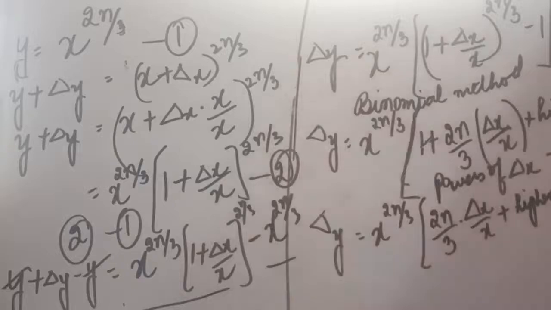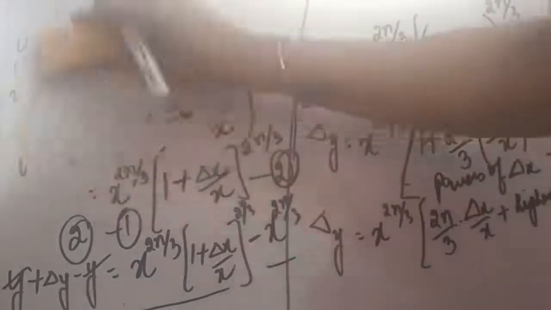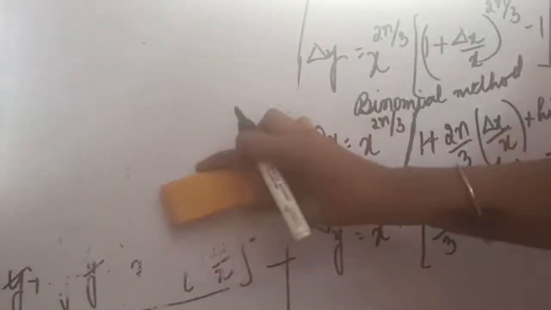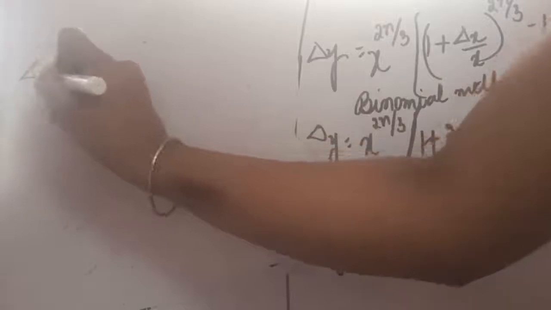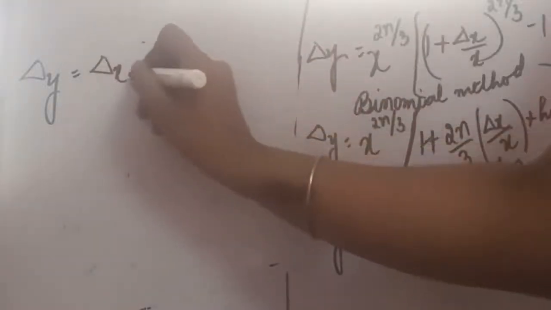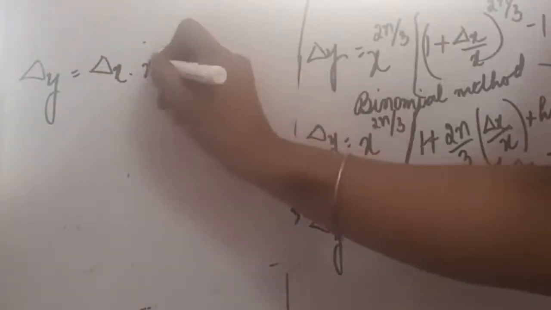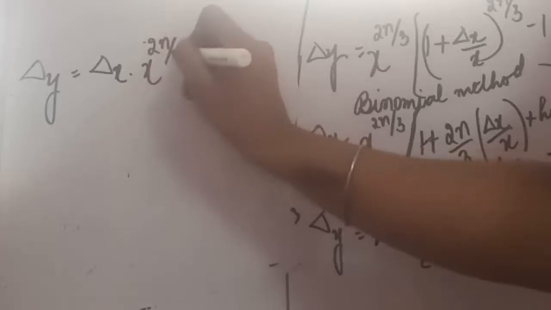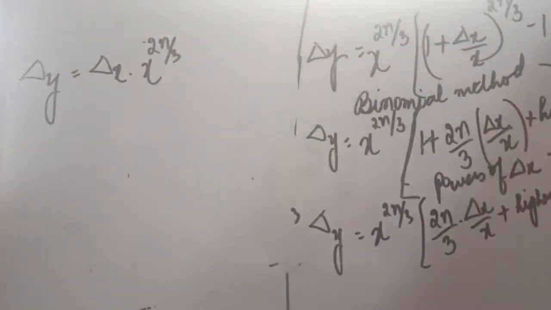Now as discussed in the previous question, we will apply the same method over here. The left hand side is going to be the same, delta y. On the right hand side, because we know in the next step we have to divide by delta x, I am taking this delta x out, and this x power 2n by 3 is going to be the same at its own place.